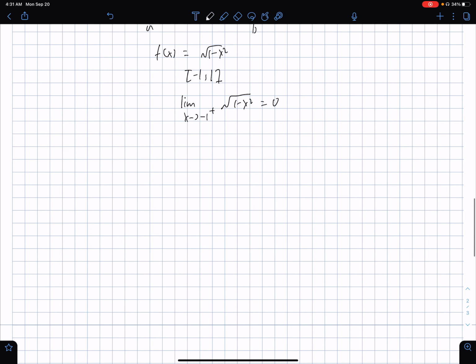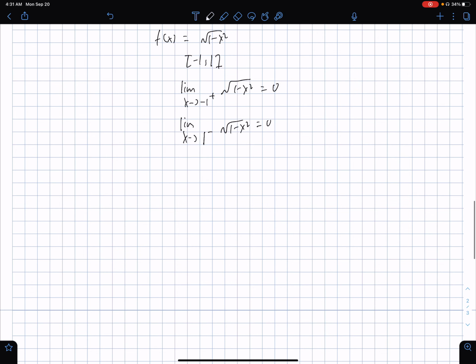And then here we can see that the limit as x approaches 1 of the square root of 1 minus x squared equals 0. And we can conclude that the function f is continuous on the closed interval -1 and 1.